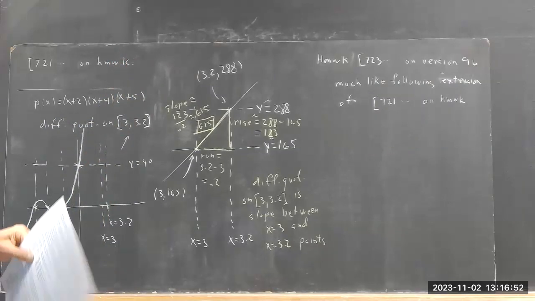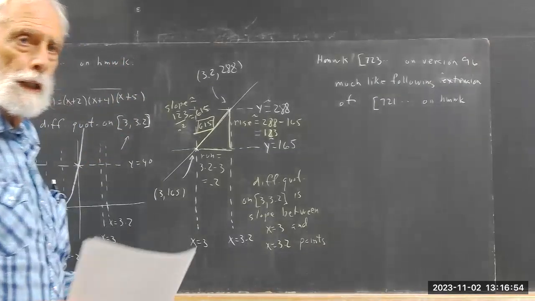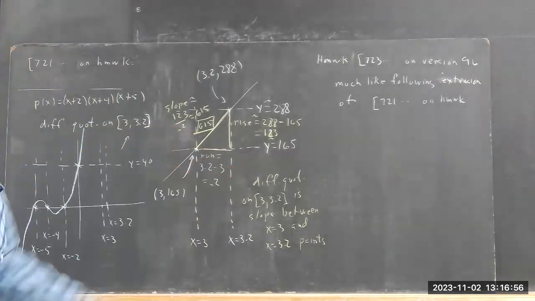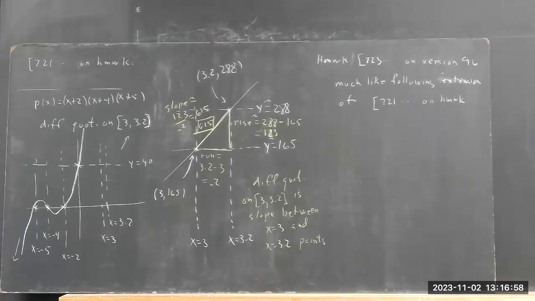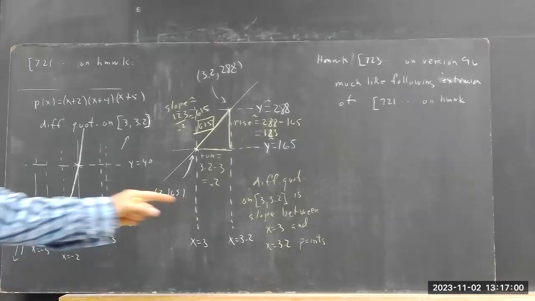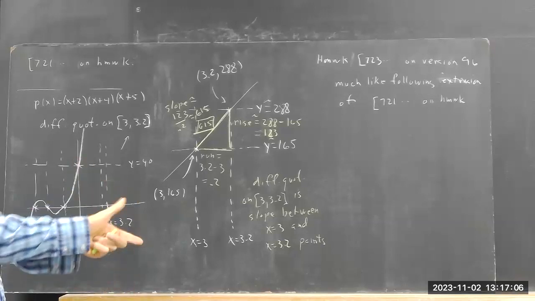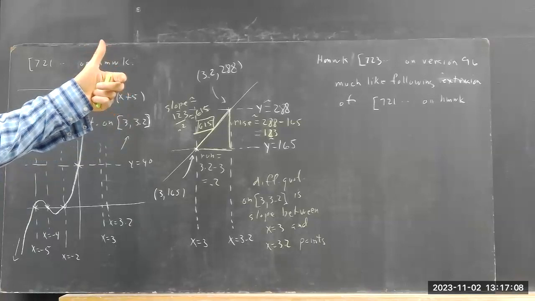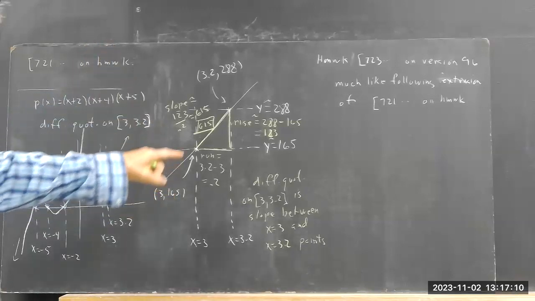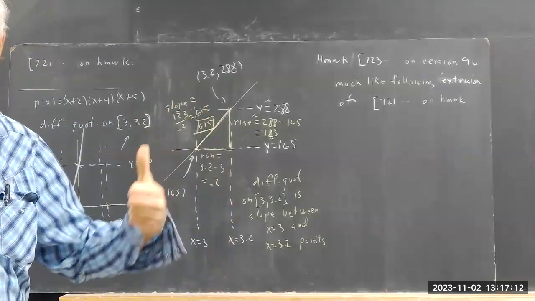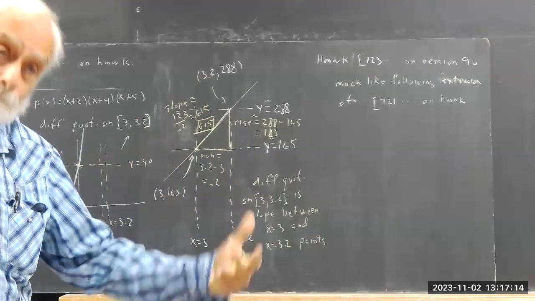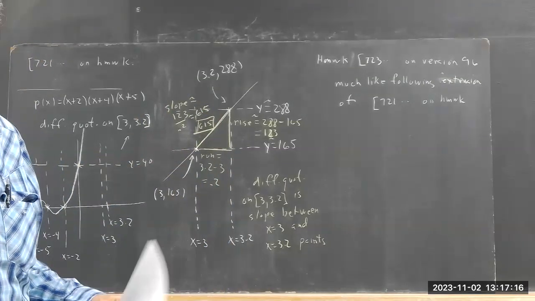Okay, so let's consider what happens now if we move further to the right. Could we do a difference quotient on some interval to the right of this? If we do, it's going to give us an indication whether things get steeper or not, isn't it? If we get a bigger number for the slope, that means it's getting steeper. It's kind of an important thing.